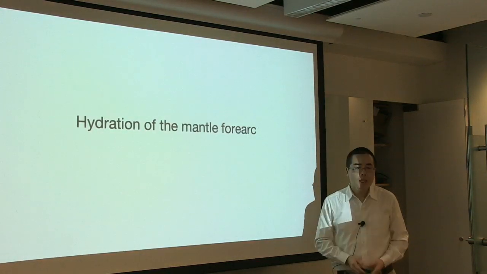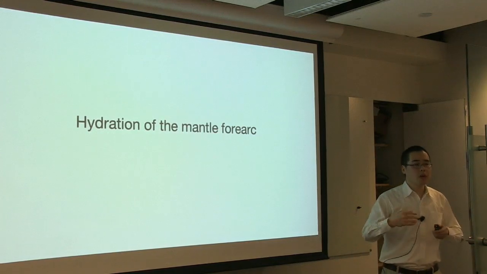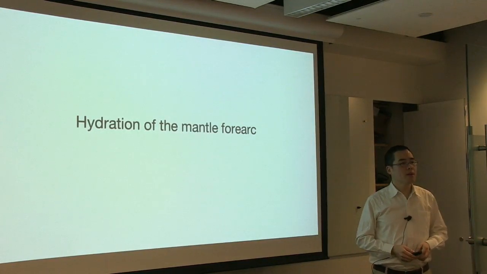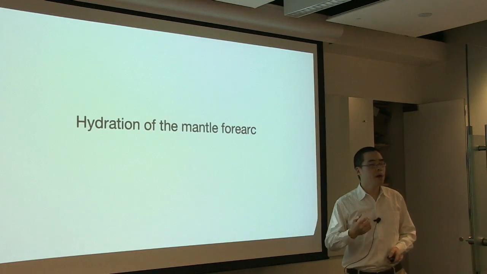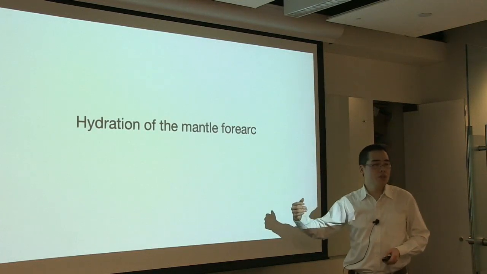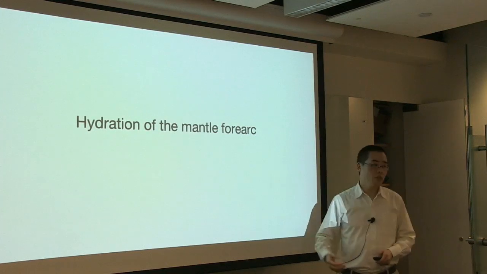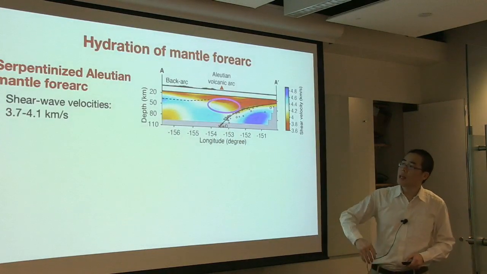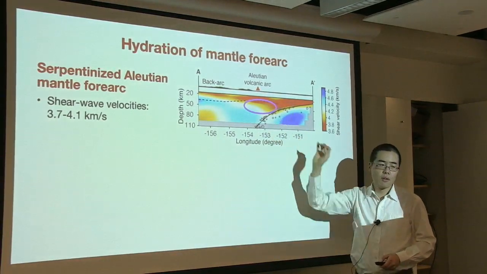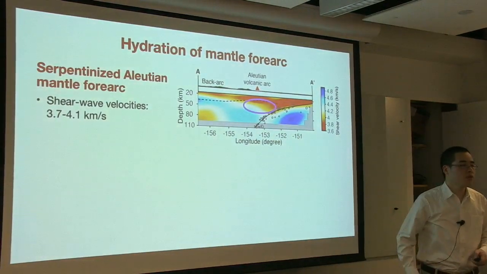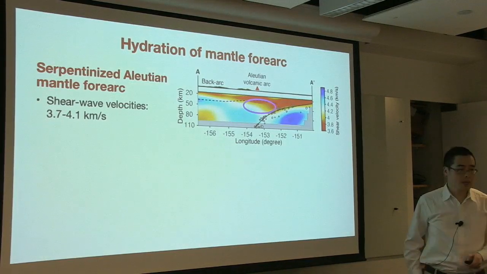The presence of low velocity within the mantle forearc tells us something very important about the hydration status of the mantle forearc. When you look at the velocity here along the Aleutian mantle forearc, we have low velocities, 3.7 to 4.1 kilometers per second.